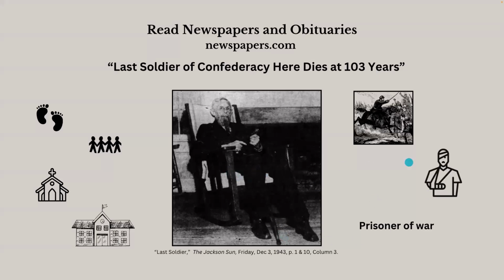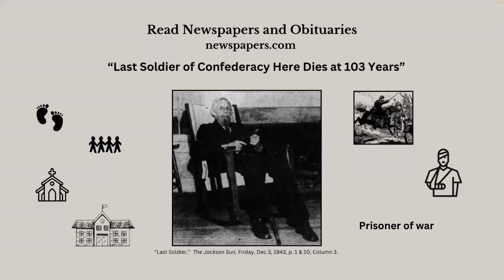This doesn't happen to be one of them, but here's an obituary from newspapers.com about Captain John Patton Stribling of Madison County, Tennessee.